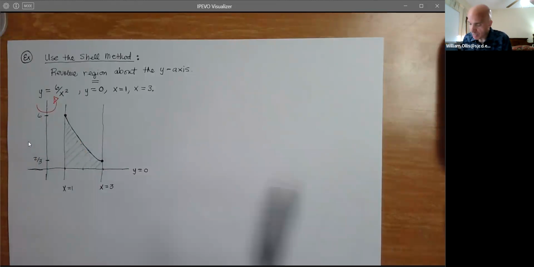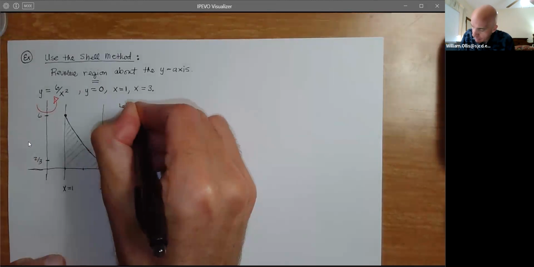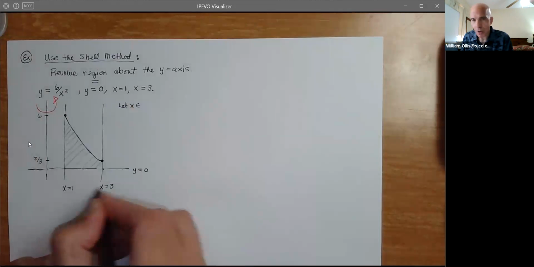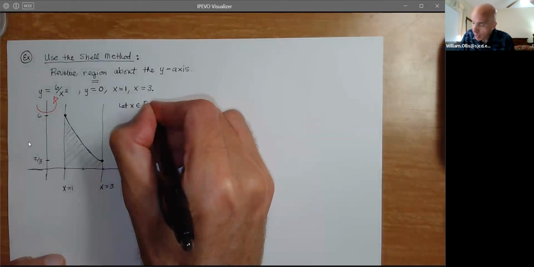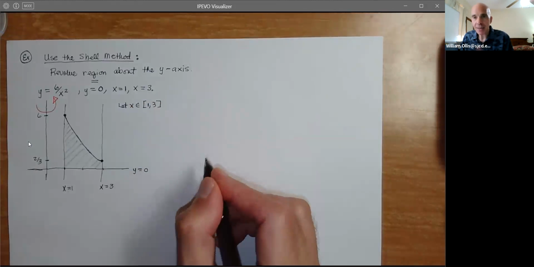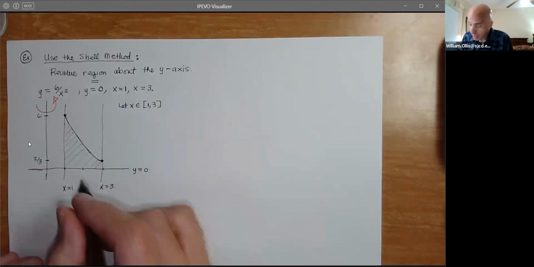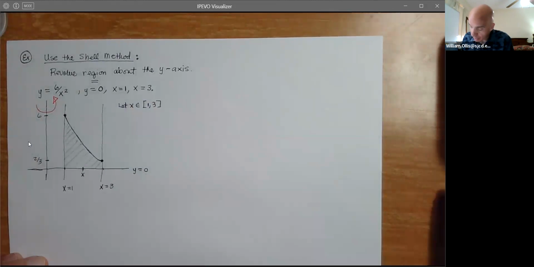So now we can say, all right, let x live, and of course these are easy. We don't have to work hard. We already have the limits of integration. Like I said before, usually when you're given vertical lines or horizontal lines, that makes the work very easy. So we can pick an x here and then just draw the rectangle.